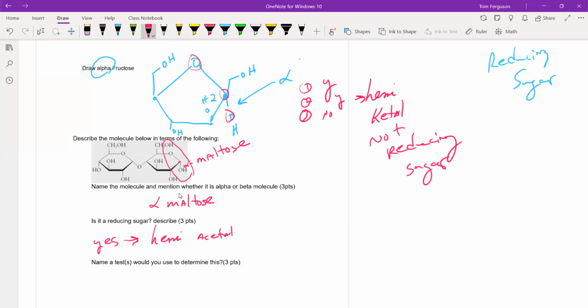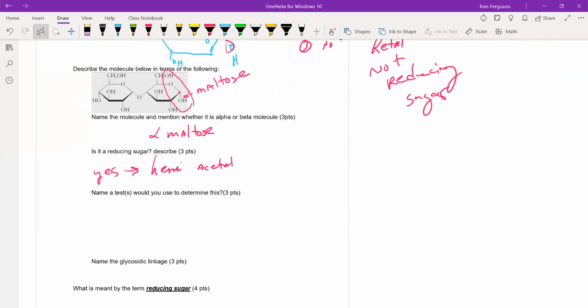And the test you could use is Benedict's. The glycosidic linkage here is going to be an alpha 1,4.